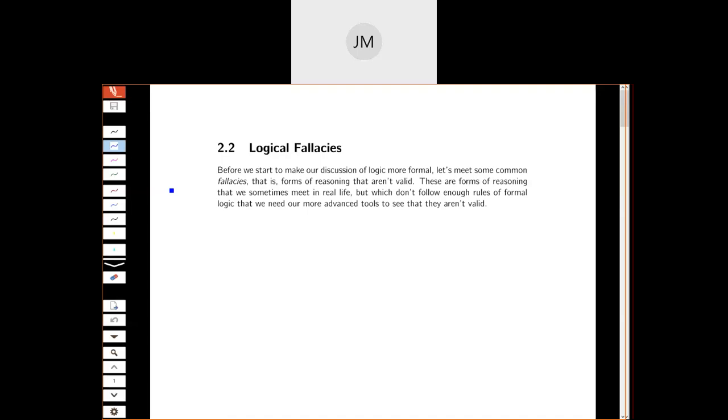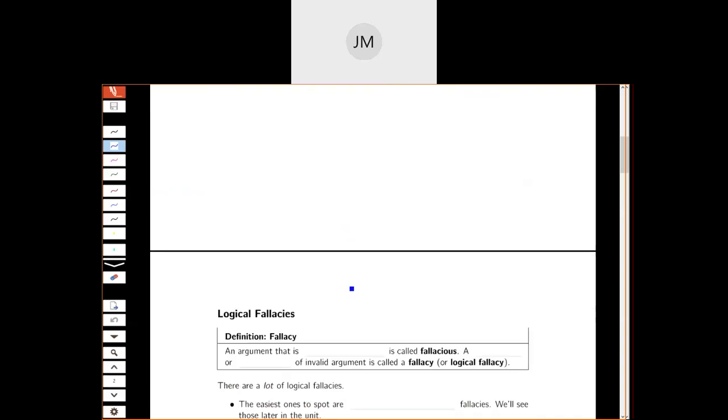Some of these fallacies we'll be able to look at using symbolic logic, and some of them you can't really. You just kind of have to talk about why they're fallacies. So let's just jump right in and start looking at what these things are.